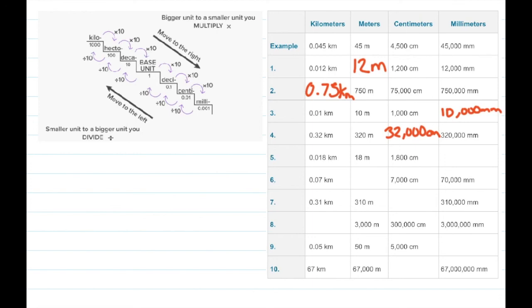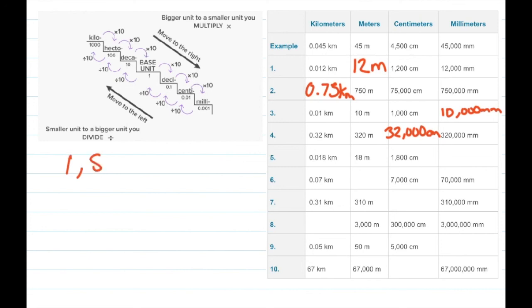Okay, and then let's go ahead and do number 5. In number 5, we're going from centimeters to millimeters. From centimeters, which is right here, to millimeters, I'm only doing 1 step. So that means I'm only multiplying times 10. In other words, I'm just adding 1 zero. It's simpler to do it that way.